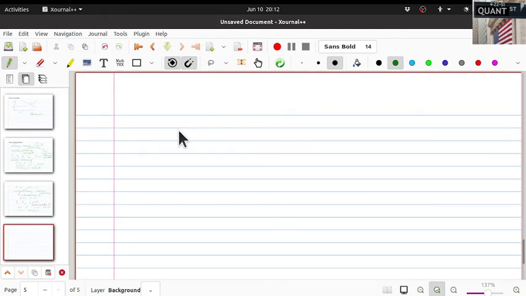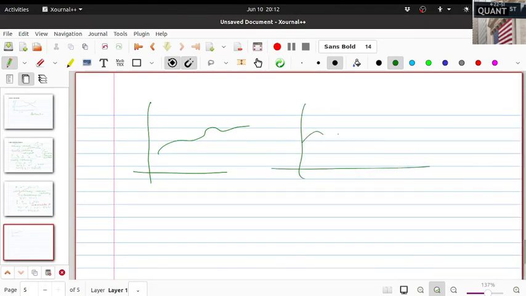Earlier we had plotted a stock index chart which looked something like this, but for a stationary process the chart would look somewhat like this.